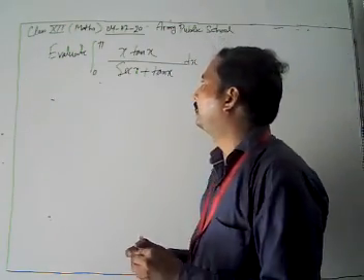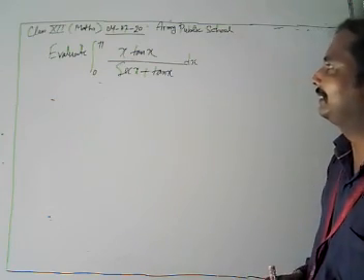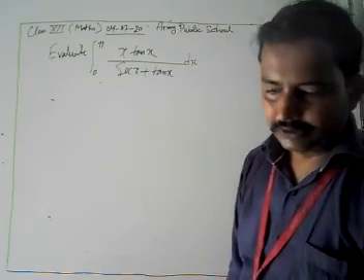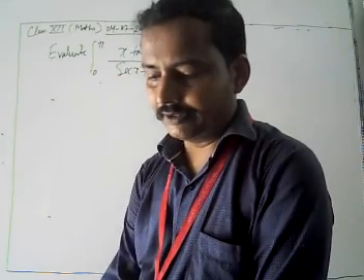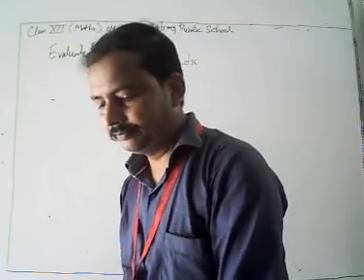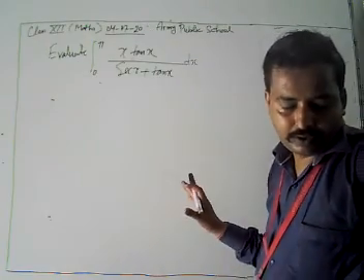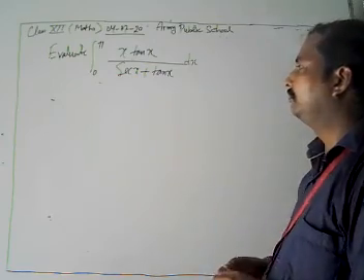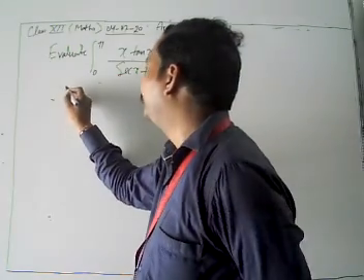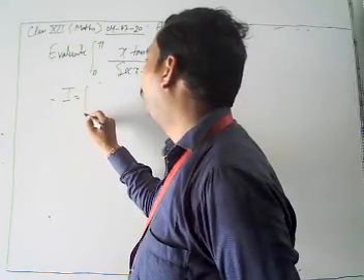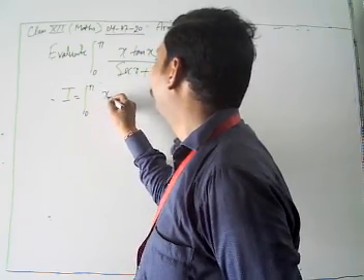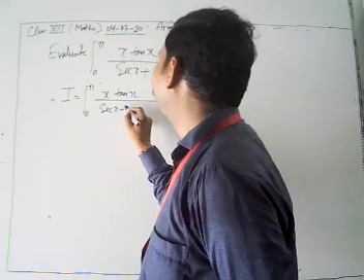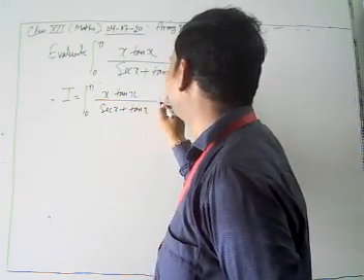We are going to evaluate 0 to pi x tan x upon sec x plus tan x dx. Again we have seen it's 0 to pi. First of all we start by taking its value I equal to 0 to pi x tan x upon sec x plus tan x dx.